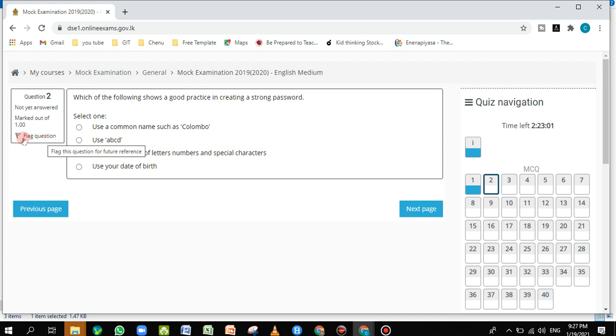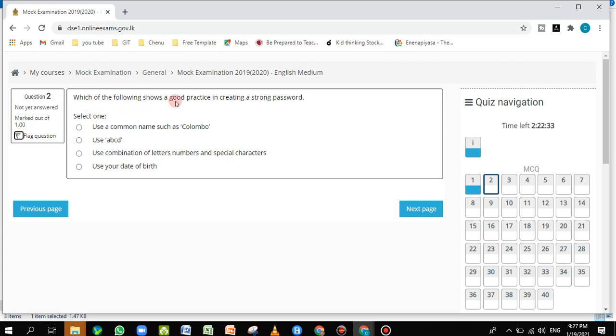Here also you can do it. Click on this and it will put a small flag symbol. If you can't answer a question, you can skip it and answer the others. At the end you can see which have not been answered, or which you answered but are not sure about. You can go back, correct it, and remove the flag.